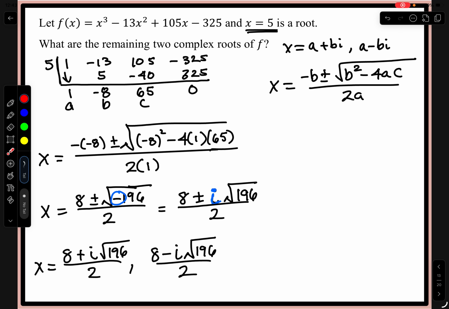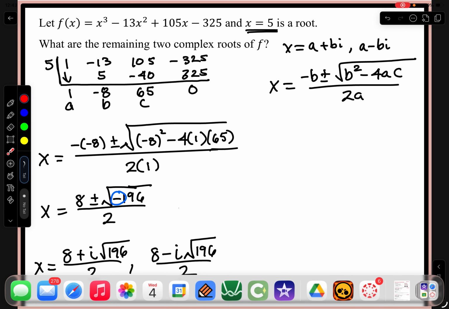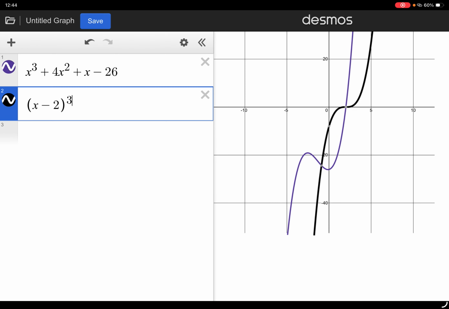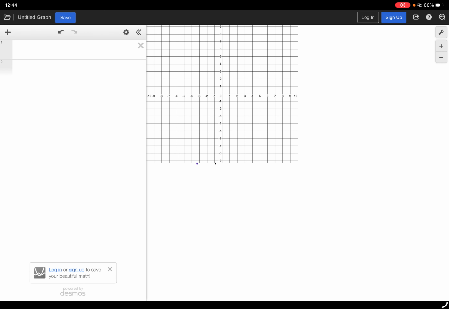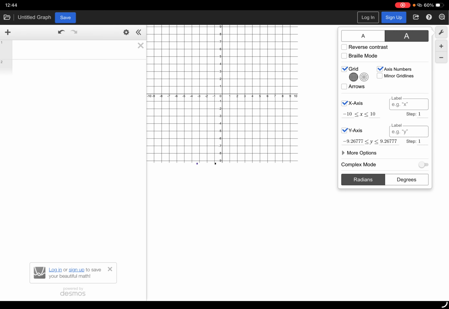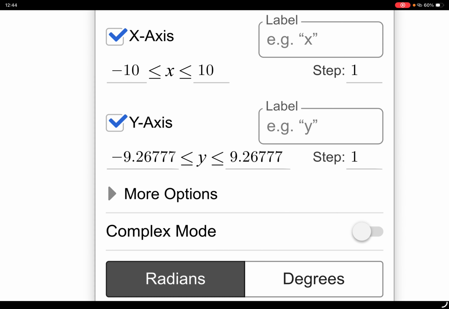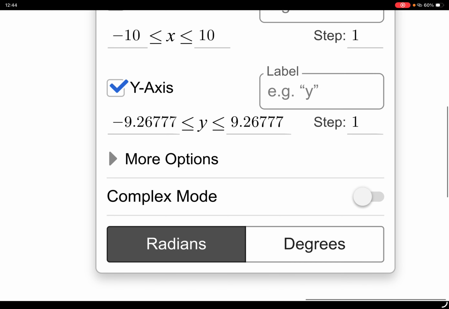Now, what you could also do is use Desmos to simplify this. You have to enable, under your settings, this complex mode feature. You have to make sure that's turned on.